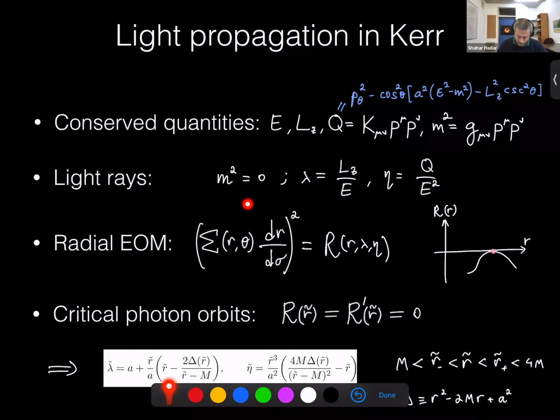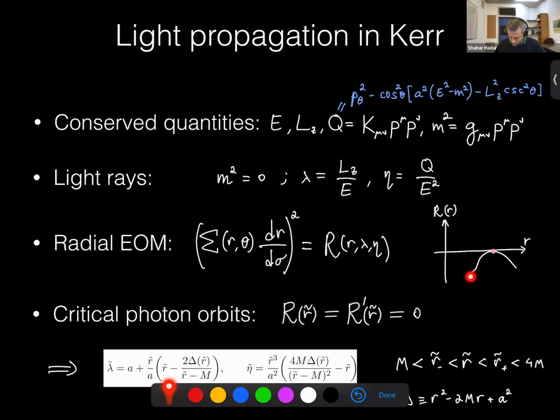There's some coefficient here, but you have dr by d sigma, where sigma is the affine parameter along the null ray, and this looks like a kinetic energy in the r direction in one dimension. And on the other side, this looks like a potential with zero energy.